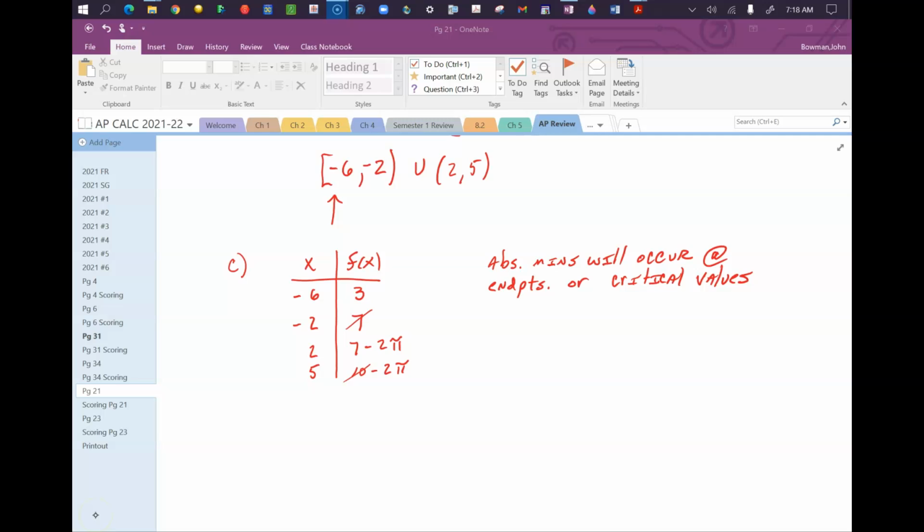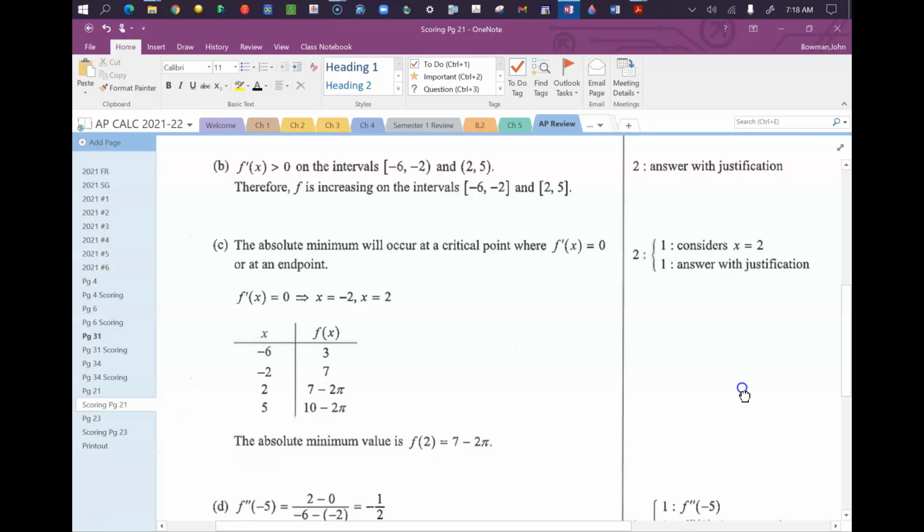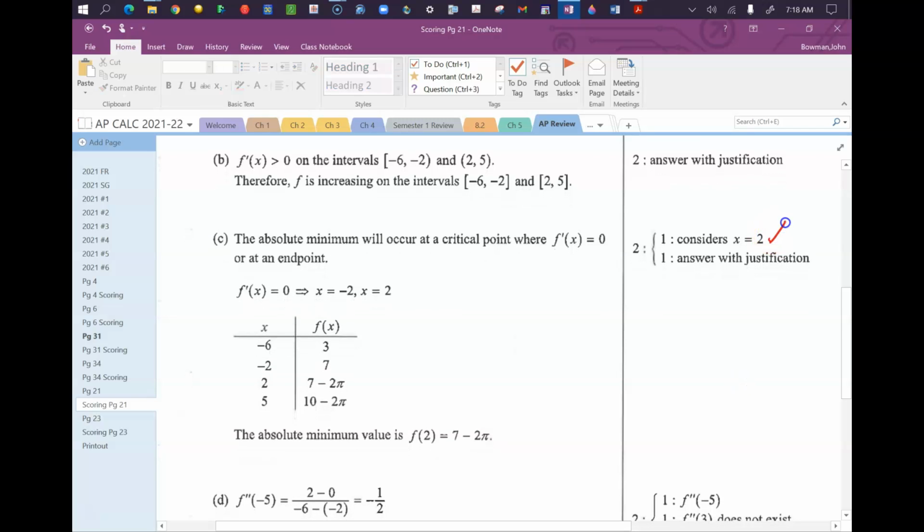Well, pi is 3.14, 2 pi is about 6.28, and 7 minus 6.28-ish is definitely less than 3, so the absolute min is 7 minus 2 pi at x equal 2. So let's take a look at the scoring on that. 1 point for considering x equal 2, 1 point for the justification.